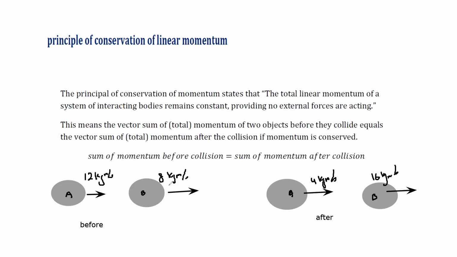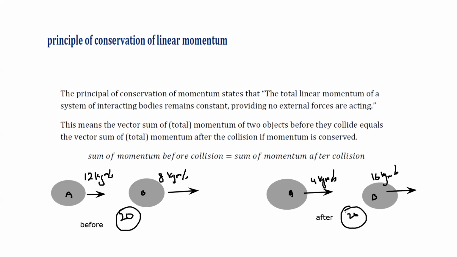So what is the total momentum? The sum of momentum before they collide, 12 plus 8, was 20. And what is the total momentum after collision? That is also 20. And that is towards the right hand side in both cases. So in an isolated system, the conservation of linear momentum states that the total momentum before collision is equal to the total momentum after the collision.